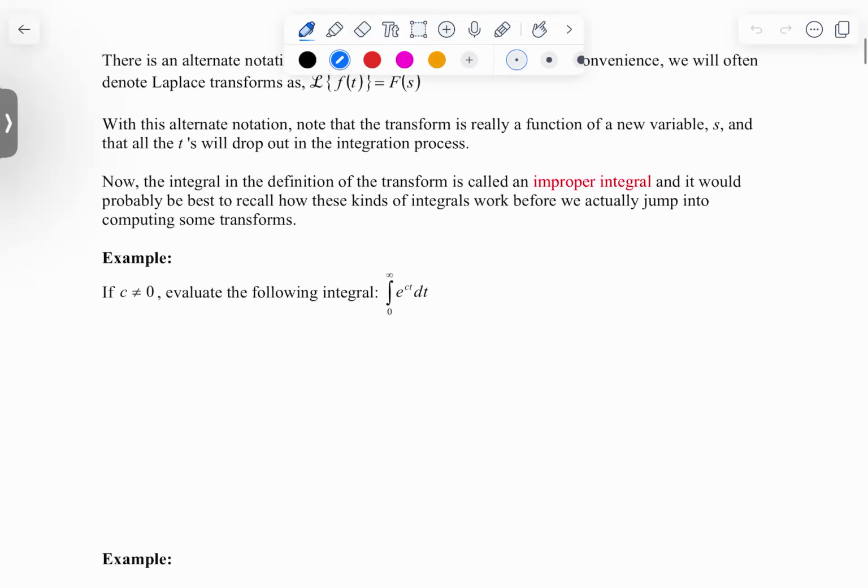And we are identifying c as not equal to 0. But you are absolutely correct. We are going to turn this integral into the limit as a approaches infinity of the integral from 0 to a of e to the ct dt, and then simply just evaluate it.